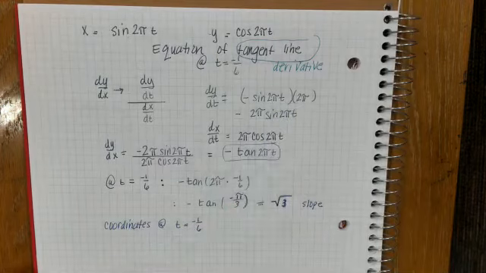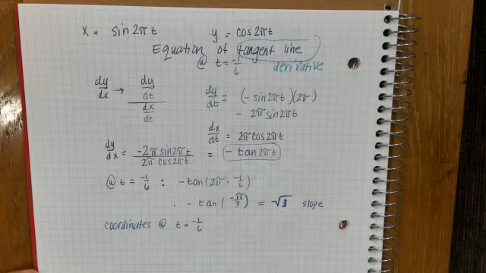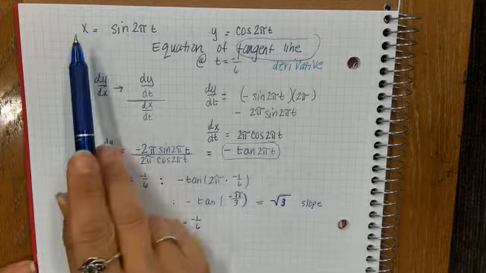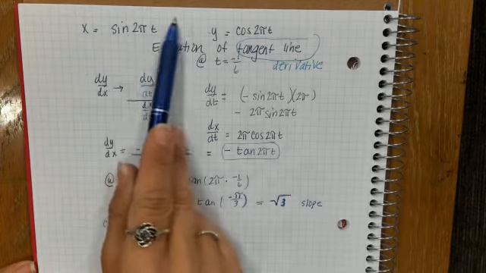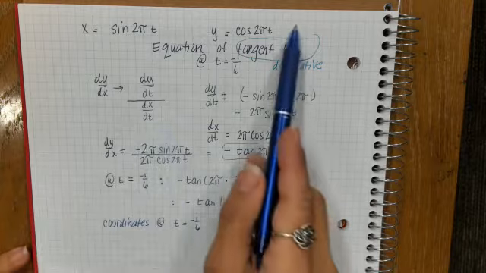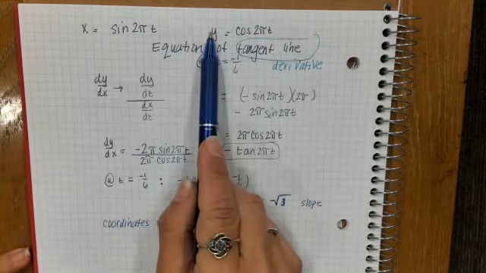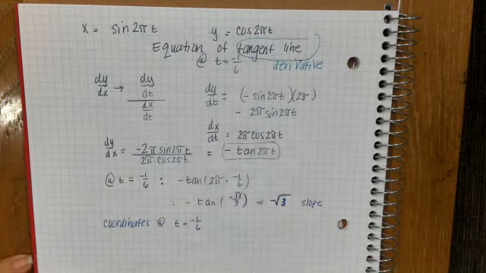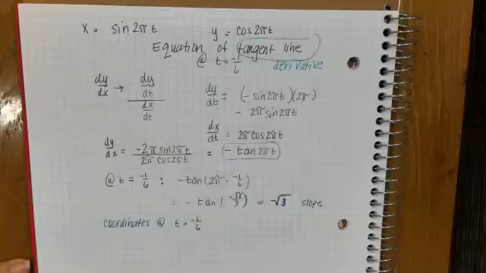But there are two functions going on here. So my x coordinate is going to be where t is negative 1/6, and my y coordinate is going to be where t is negative 1/6. These are two different functions.